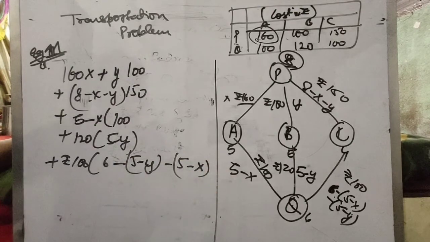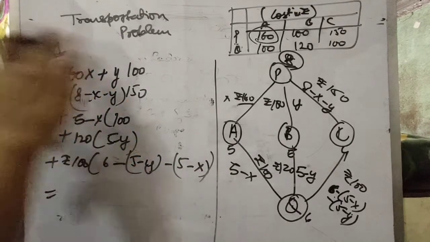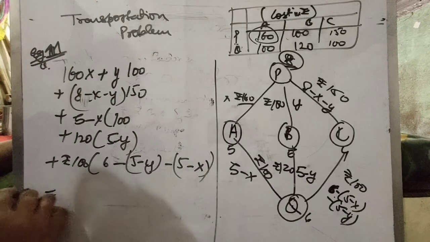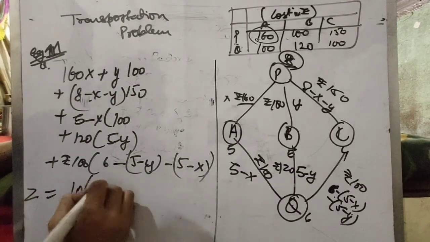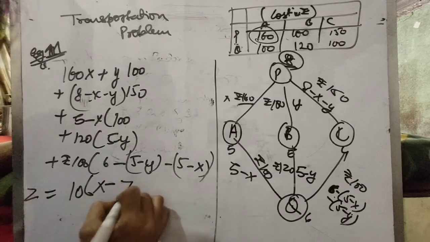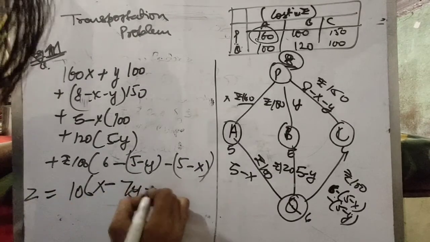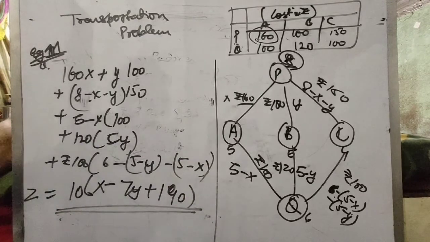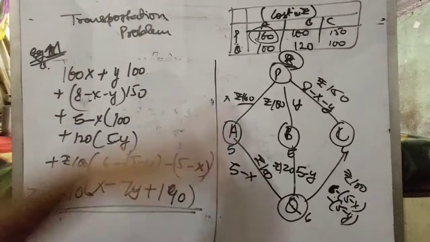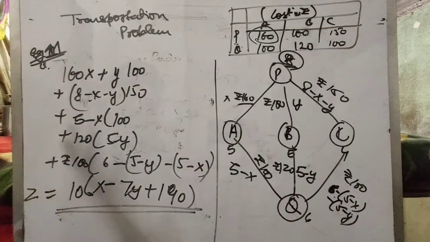So these will be your equations, and when you solve all these, you will receive your final Z equation, that is 10 into X minus 7Y and adding 190. So this will be your equation for Z, and when you solve all of these, you will get your equations.